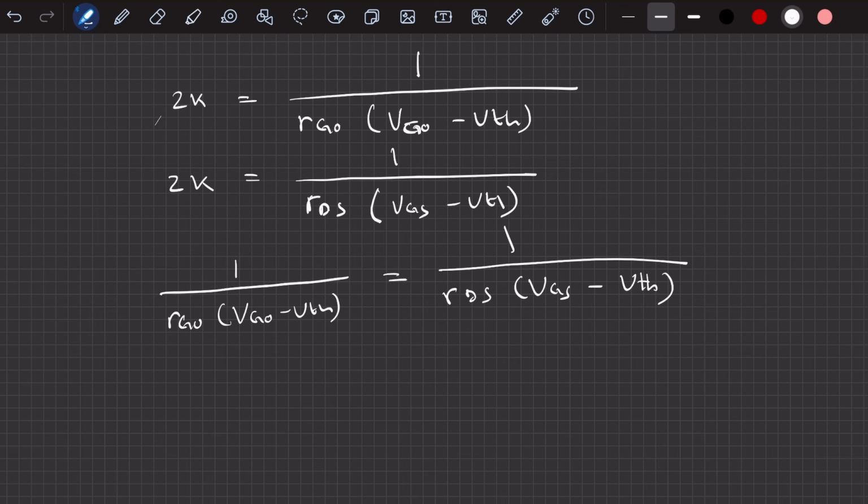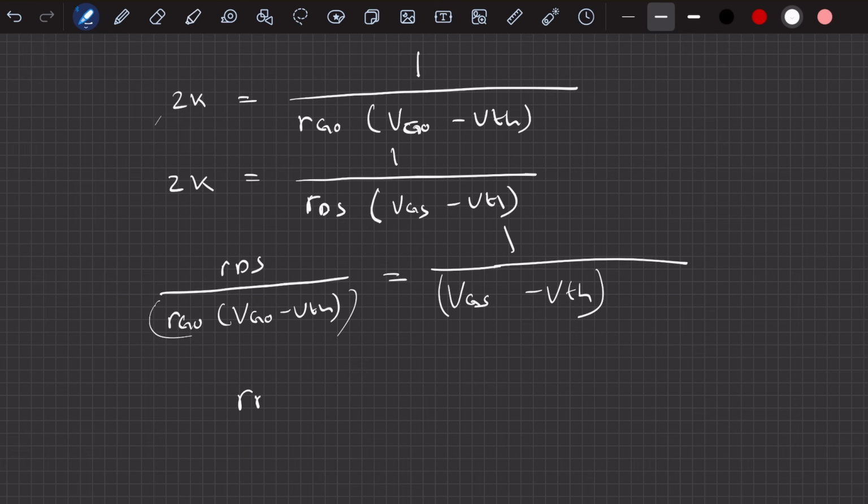Now the equation we need to derive has RDS on the left-hand side. So what I'm going to do is multiply both sides by RDS first. So then RDS disappears from here and appears over here. So let's do that: (VGS minus VTH), and we get RDS over here. And then I'm going to multiply both sides by this part.